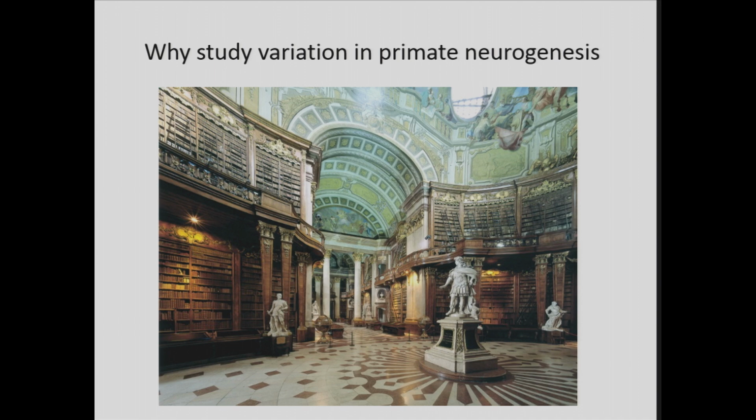I wanted to illustrate that with this photo here. This is a picture of the National Library in Vienna. And what I like about this is that you don't see a single real live human in this picture. But I don't think anyone here would mistake the aspects of this picture to be created by any organism other than a human.